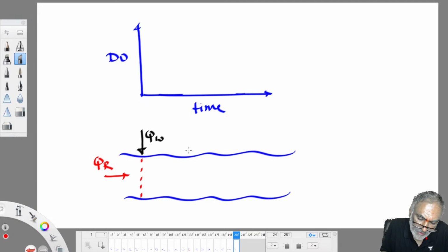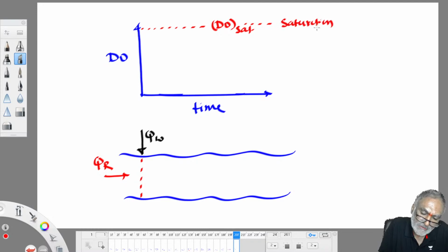So on the downstream side you are working out DO levels. If river is pure, it is supposed to carry dissolved oxygen at saturation, this saturation point. No river is pure, so every river has got some deficit.